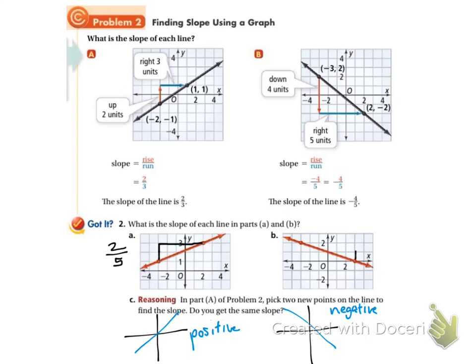I go up 2, and I go left, so I'm going negative 1, 2, 3, 4, 5, 6. And I can simplify that. I can divide the top and the bottom by 2, which will give me negative 1 over 3. So my slope is negative 1/3.